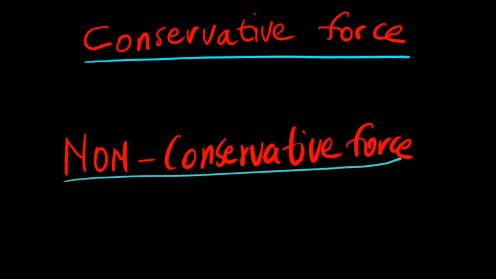Now we all know that frictional force depends on the motion of the object. When the object goes to the right, frictional force will be in the opposite direction. Now if the object changes direction, frictional force will also change direction. So we classify frictional force as one of the non-conservative forces.